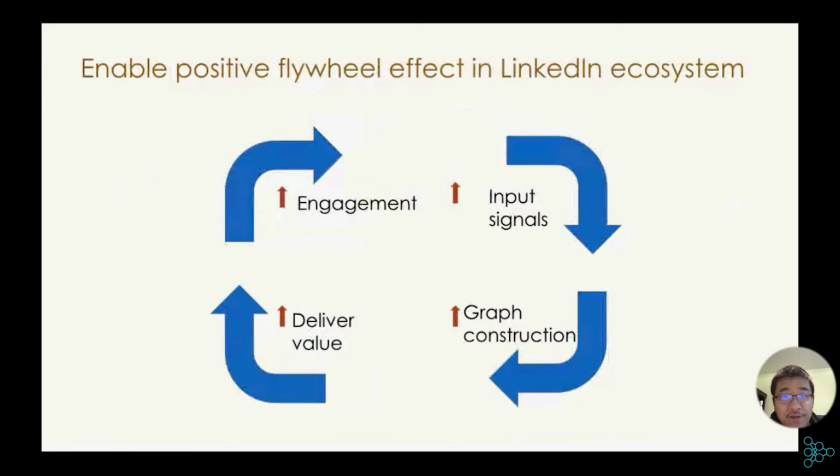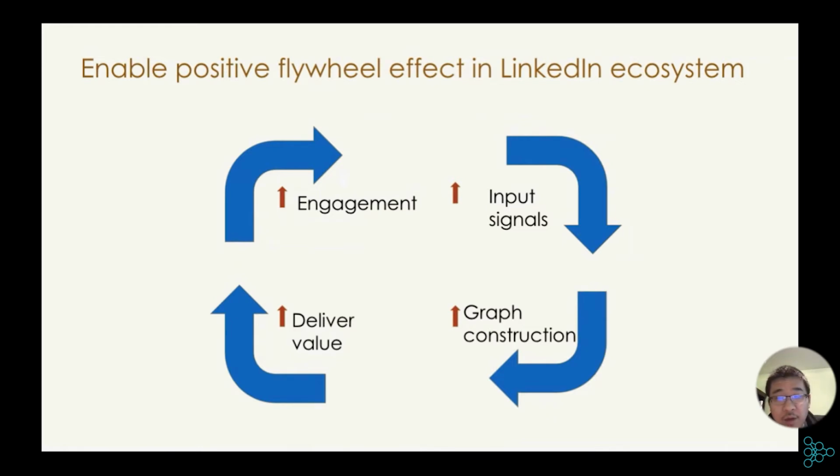So when the knowledge graph is used more in products, we can receive more user engagement signals from the products. And this signal can enhance knowledge graph construction. Better data then delivers more value to the product by driving more user engagement. So such a positive flywheel effect really boosts the knowledge graph to the next level.